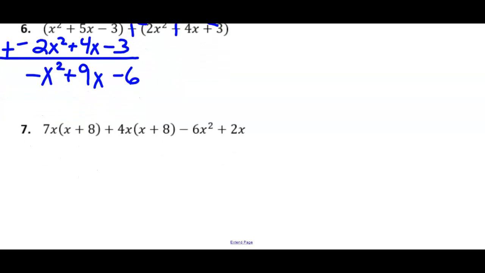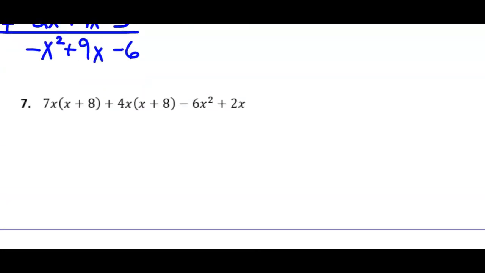This next problem, I have to do some stuff before I can add my like terms together. I first have to distribute this in. What's 7x times x? 7x squared. What's 7x times 8? Very good.